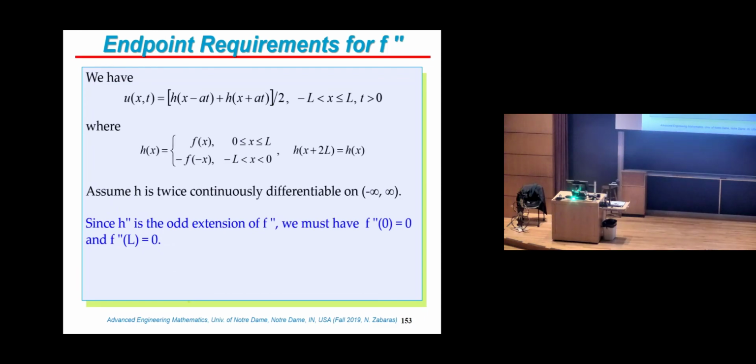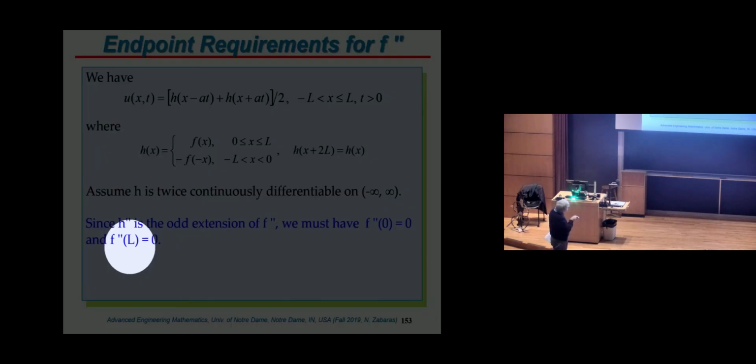All right? You can go back and look at the slides on odd periodic extensions of functions, and you will see, because you remember at points of discontinuity, the expansion converges to the average. That average, because it's an odd periodic expansion, has to be 0. Okay? So basically, you have to satisfy this equal to 0 and this equal to 0.